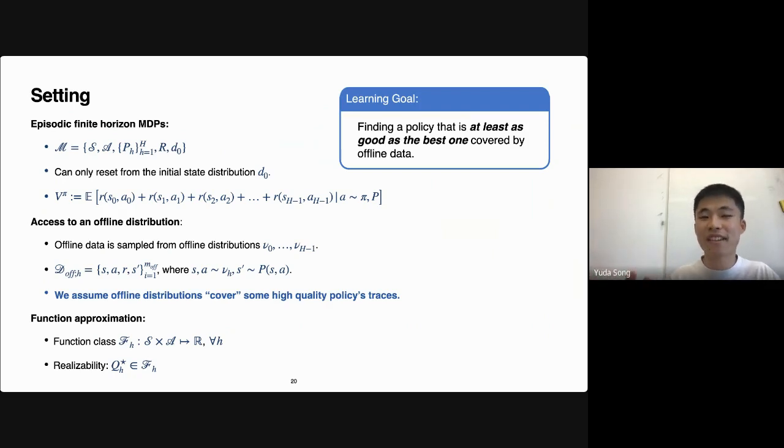At least in this case, I don't think you can say, hey, I will find the globally optimal policy if I don't do active exploration. This is at least my intuition on how we justify this learning goal. But as we'll see later, this is actually already a pretty good guarantee. And later in the talk, I will also show you that we can slightly relax this learning goal to a more general one.